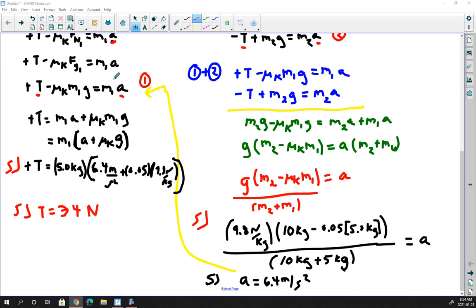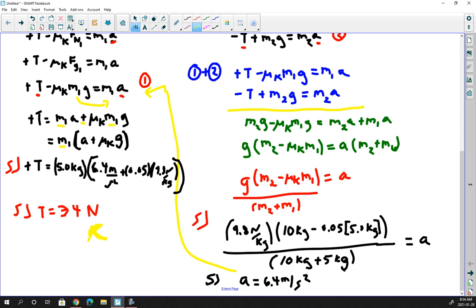You need to bring this to the other side so it becomes positive. Then you can factor out an m1. Substitute, and there's your answer. That's basically the magnitude of the tension. One string, one tension.